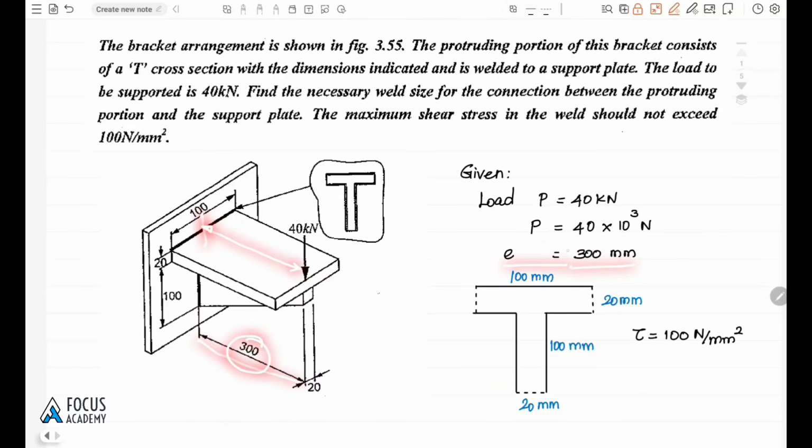The welded portion is T-shaped, with the top portion of the T, the bottom portion and the vertical portion: 100 mm, then 40 mm and 40 mm, again 100 mm, 100 mm. These portions are welded, and the maximum allowable stress is 100 Newton per mm square. So how are we going to solve the problem?